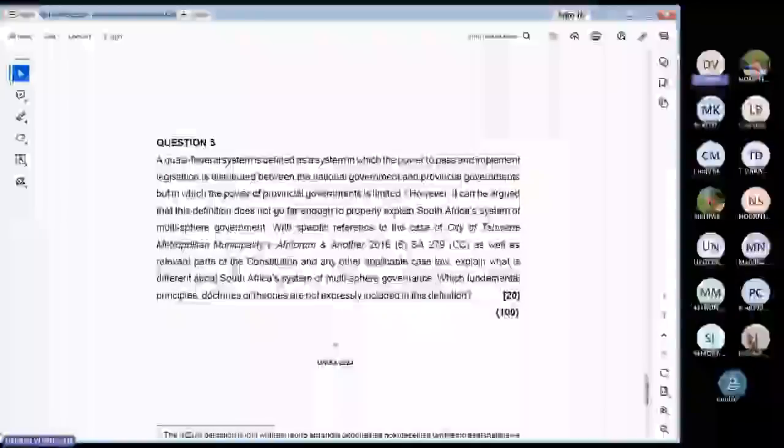Quasi-federal, yes. You're right there. When they say quasi-federal, quasi just means it's similar to a federal system. So you were right there with listing how the different spheres work together. To my mind, if I had to compare them, a well-known federal system would be the United States.